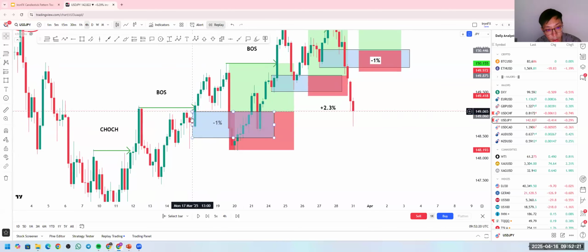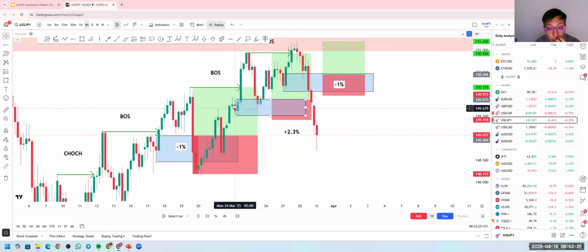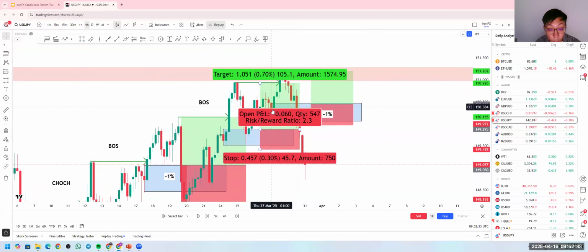Because basically it's the last down move before the break of structure, right? So this is the order block, then break of structure, last down move. So this is our order block. Simply put, an order block is the last down move before the break of structure, right? So it's good in trending markets.